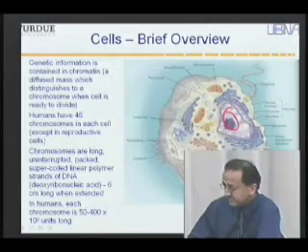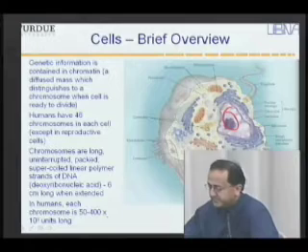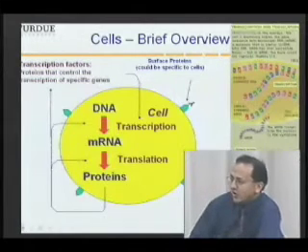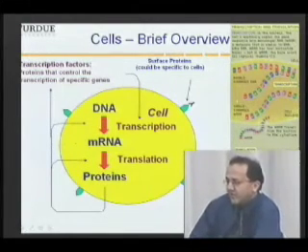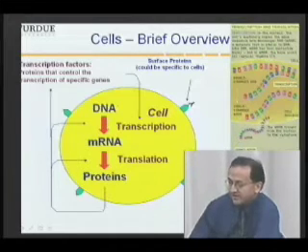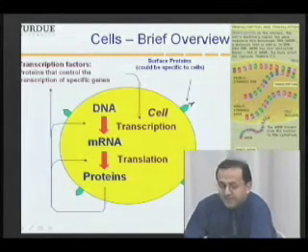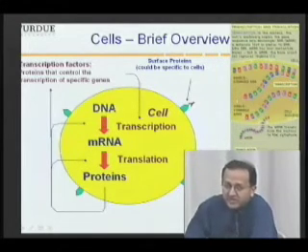So what would be very useful for me to tell you about are the basic processes that take place in a cell that transfer the information from DNA to proteins. The basic idea is that the actual information in a cell is static and fixed in time, at least over a short period of time. Over long periods of time you can have DNA mutations, but let's say the information here is relatively fixed. There is a process called transcription which converts the information from DNA into a molecule called messenger RNA, or mRNA.